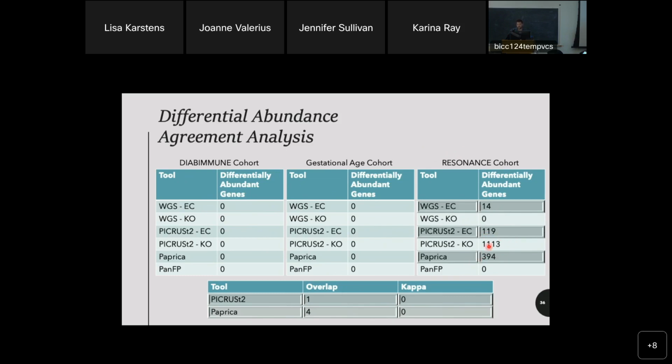Of these genes that were identified as being significantly differentially abundant, 1 from PyCrust overlapped with WGS, whereas 4 from Paprika overlapped with WGS. And this resulted in a kappa value of essentially 0, which indicates that agreement was no better than by chance for this.